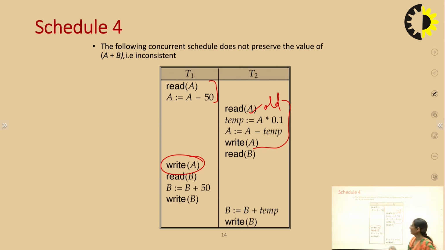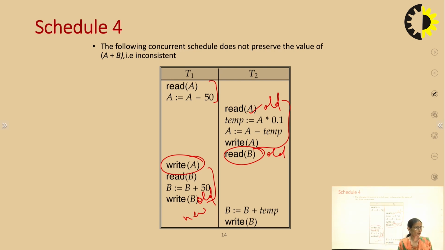Whereas T2 needs to read the updated value, because T1 started its execution first. Similarly, in this case, it has done the updations here, but it has read the old value, and again it is reading the old value of B, whereas it needs to, what should it be?